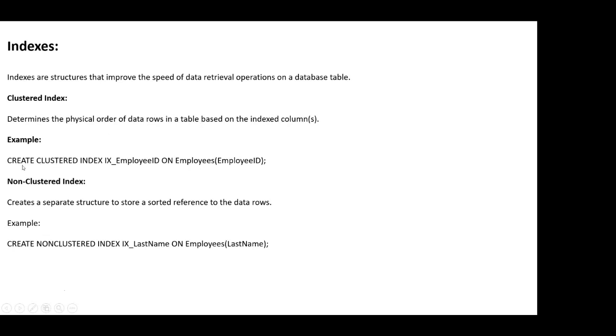For example, create clustered index on employee ID. So what it is doing, it is determining that the physical order of the data rows in a table is based on the indexed column. And non-clustered index creates a separate structure to store a reference to the data rows.